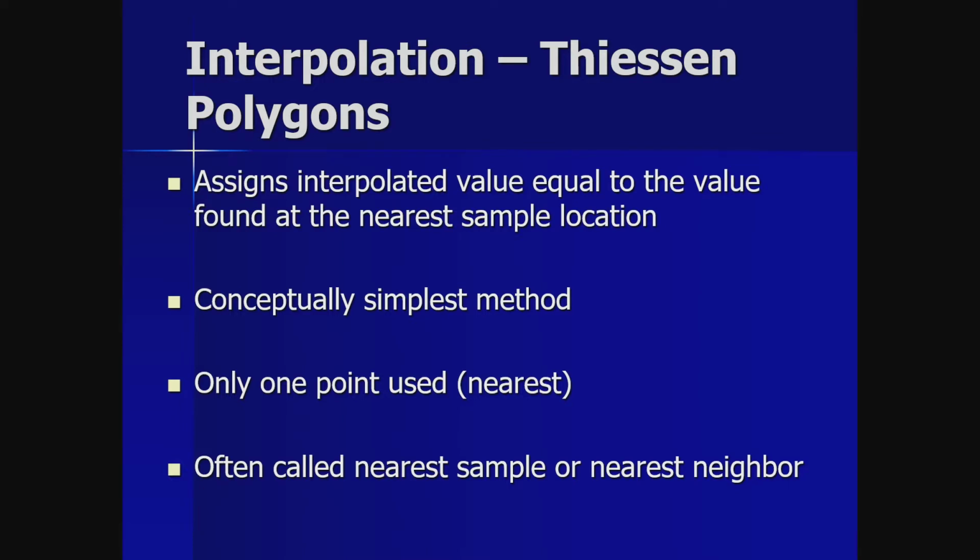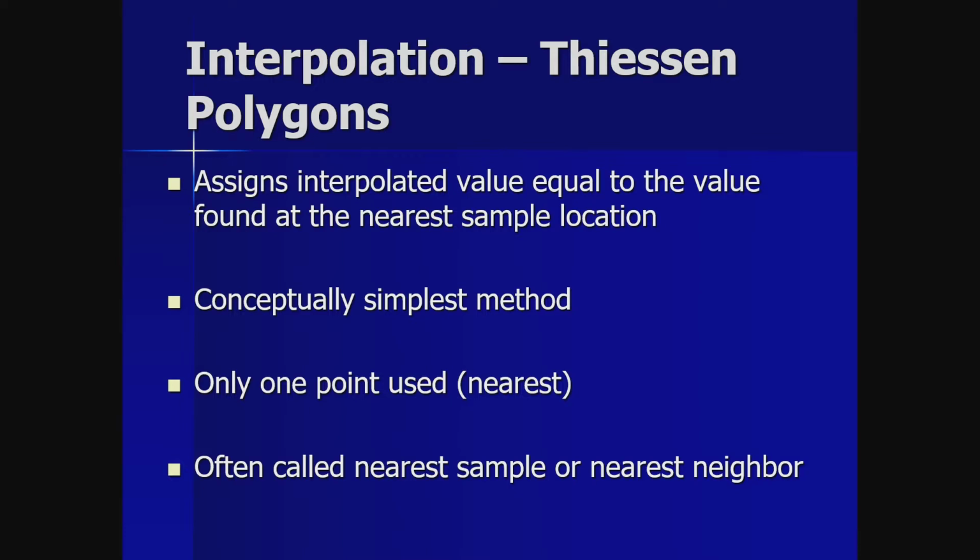All right, the simplest interpolation method is sometimes referred to as Thiessen polygons, sometimes as nearest neighbor. What you're doing is assigning the value of the nearest point to every single raster cell in the output grid.